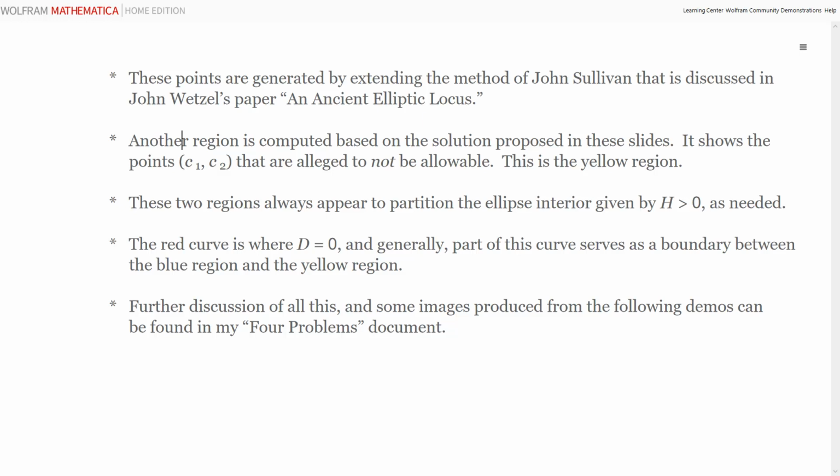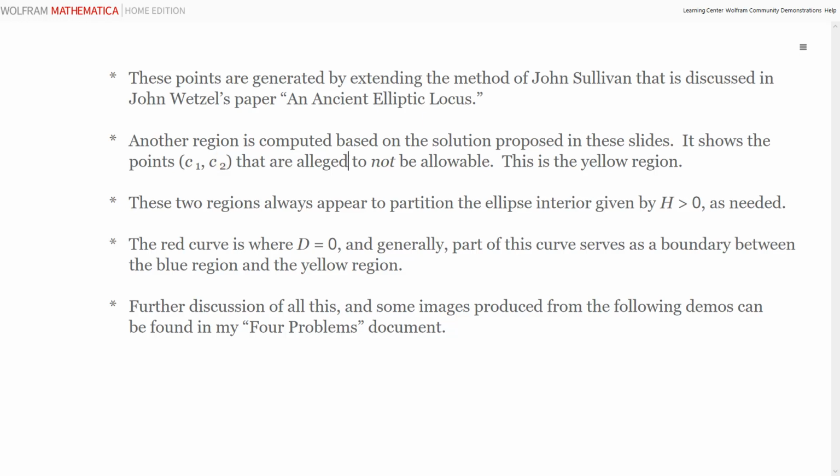Anyway, we wind up looking at a region blue that corresponds to the possible feasible C1, C2s. Another region, which is going to be represented in yellow, is going to be produced using my proposed solution to the lines problem. In the yellow region we're going to include points C1, C2 that I allege are not feasible.